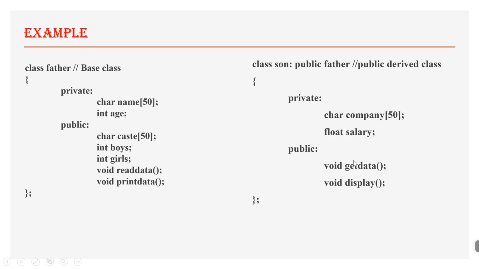These are all the accessible data elements as well as the functions when an object is defined for a class son. But if at all you define an object for a class father, then name, age, caste, boys, girls with the two functions are only accessible. These are not accessible. Very important point to note here.